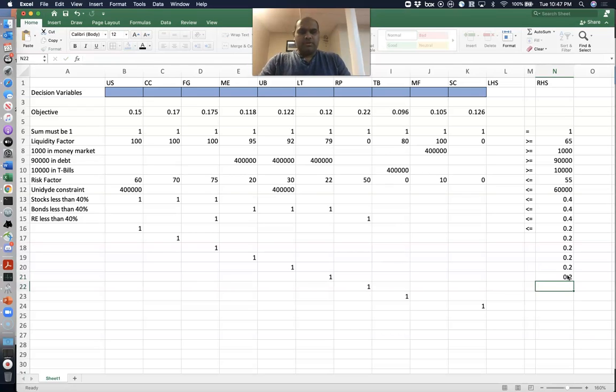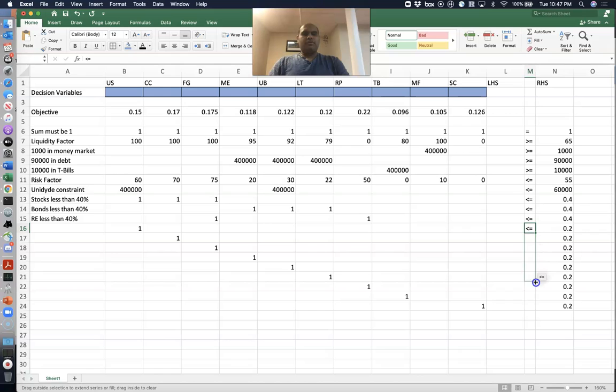So 20% here, 20% here, 20% here, and 20% here. These are all less than or equal to constraints. This is where all the things we did with the sum product functions and the dollar signs come out to be useful. You can see there are so many constraints.